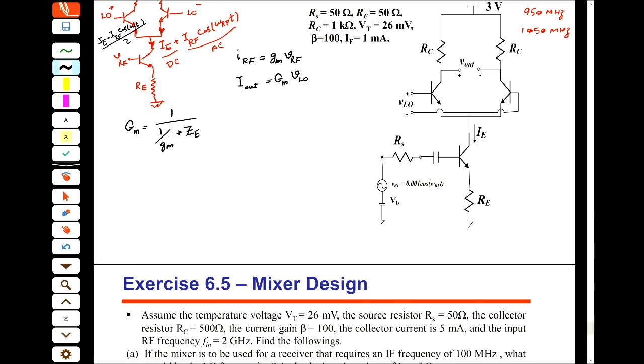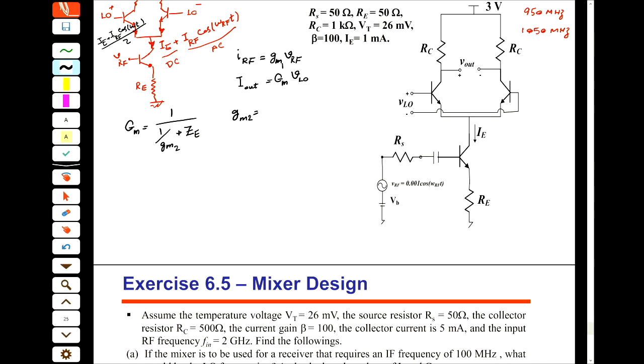And I can say that this is actually this GM, sorry. This is GM2, this is GM1.